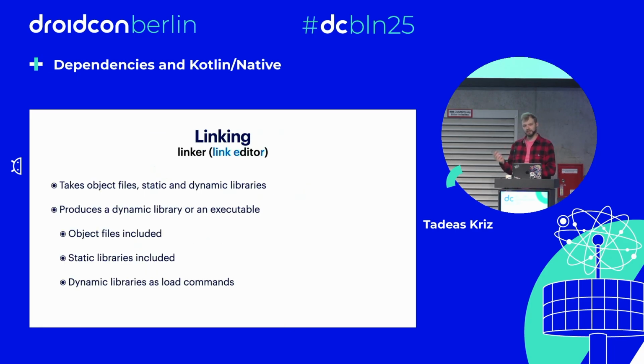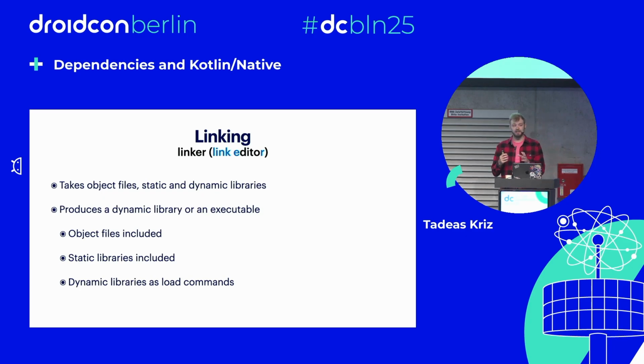And that's where the linker comes in. The linker takes our object files that we've compiled before, and then it produces either a dynamic library or an executable. We call those images. It takes all of the object files and includes all the symbols that were in the object files inside that image.